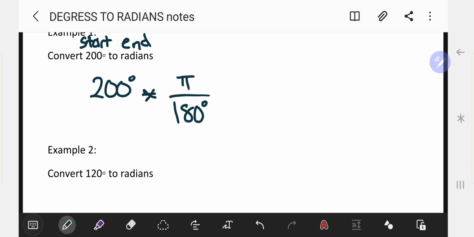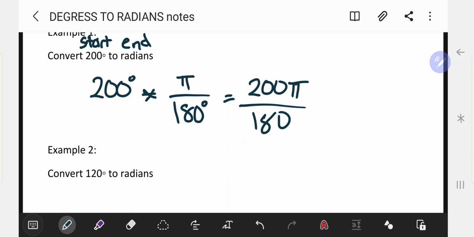Okay, so we end up with 200 pi over 180. Actually, the degrees are going to cancel out. Our units are going to cancel. But 200 divided by 180, I can technically simplify that and make that into a smaller fraction, right? Just like 2/4 equals 1/2.